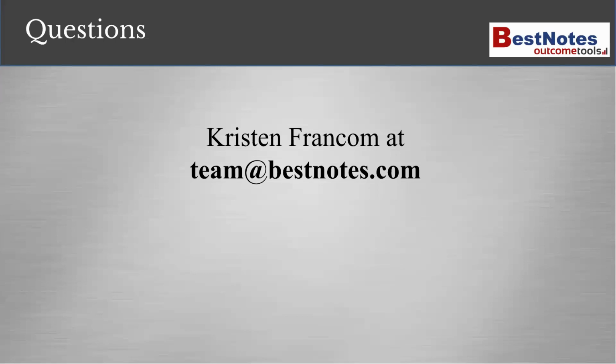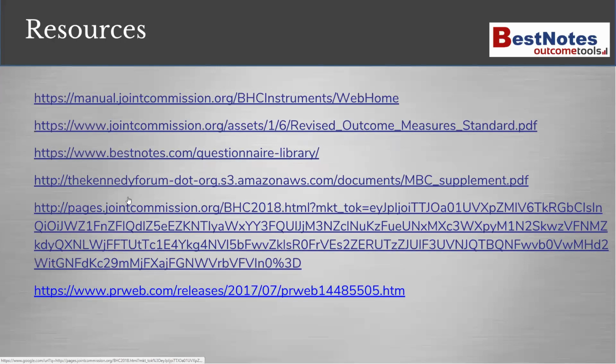And so to help you answer that question, really, it depends on what you want to know. That's probably the hardest question to answer: what do you want to know, and how do I find a tool that meets that or that gives me the data that I need? There's also a resources tab here. The Joint Commission has compiled a list of instruments that could be used.